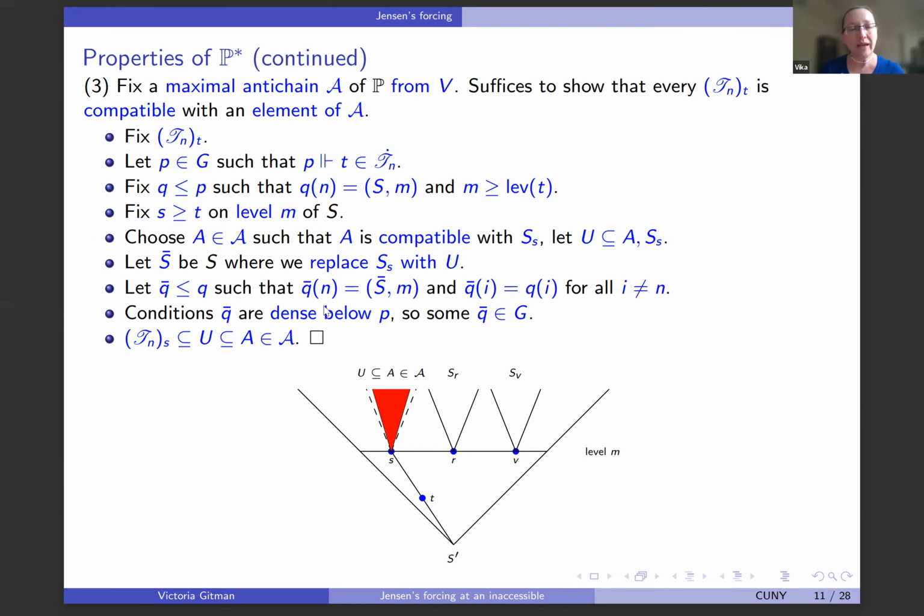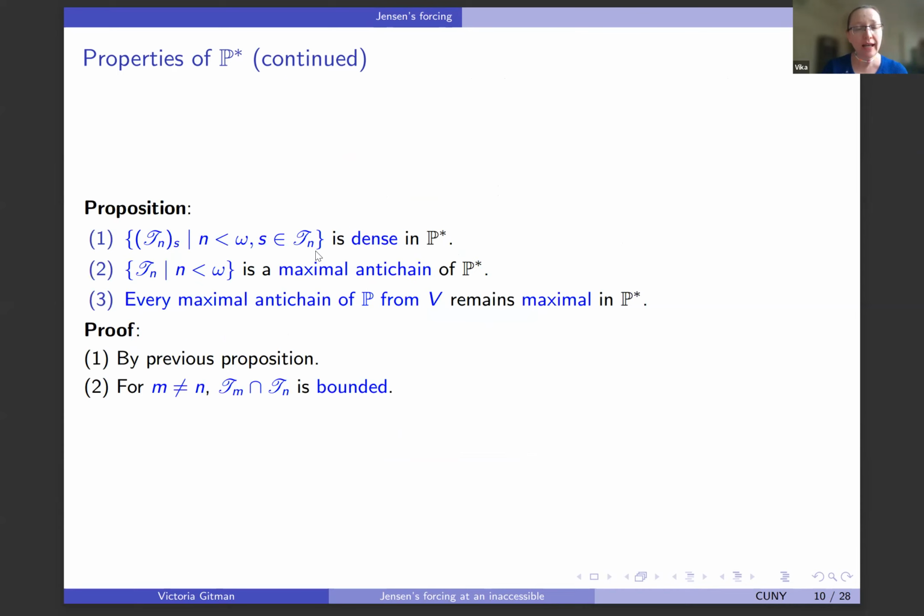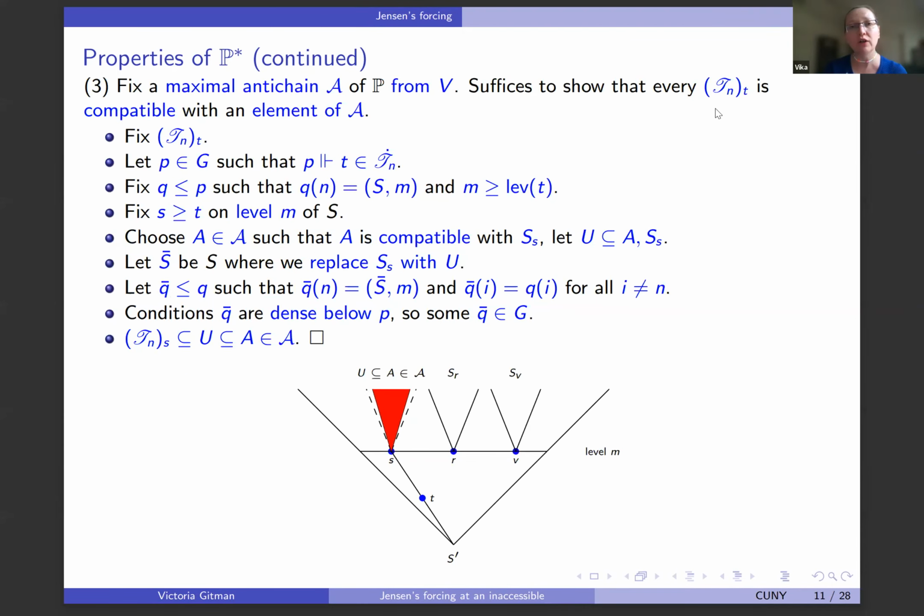Okay, so we want to argue that we have sealed maximal antichains from P. So let's fix a maximal antichain script A of P from V, and because we have already shown density, it suffices to show that every one of these trees is compatible with an element of my anti-chain. Okay? So let's fix one such tree. And again, let's work below a condition that forces that this node t is in the generic tree.